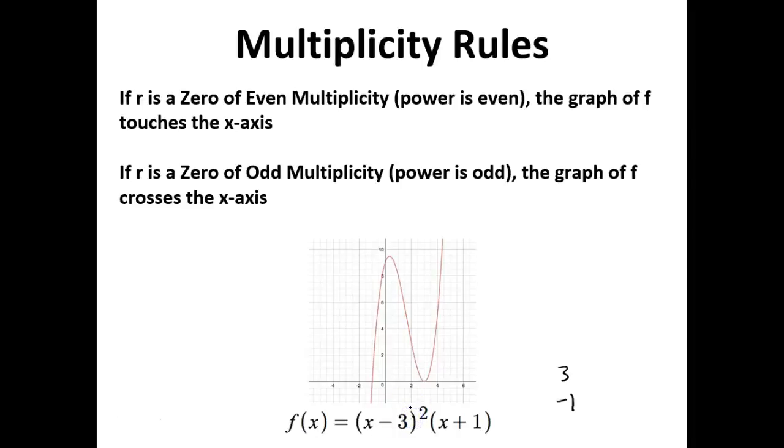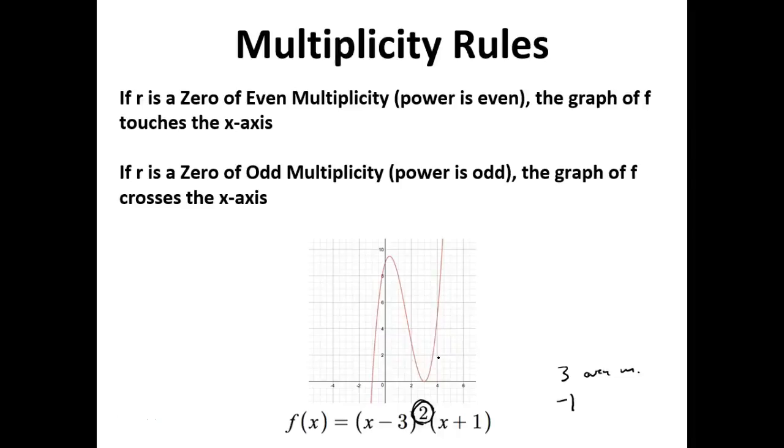The power is even. Here, the power is even, the multiplicity is even. So 3 has even multiplicity. The graph of f touches the x-axis, which is what we found. It touches there and then turns around. So it touches and turns around.